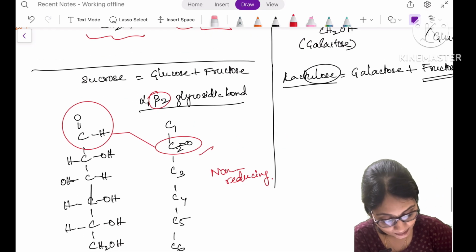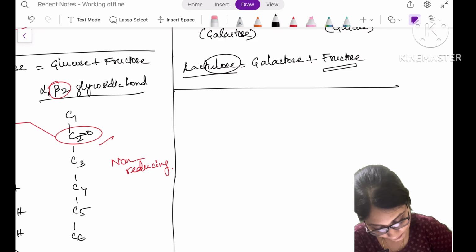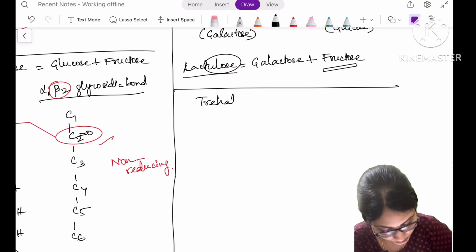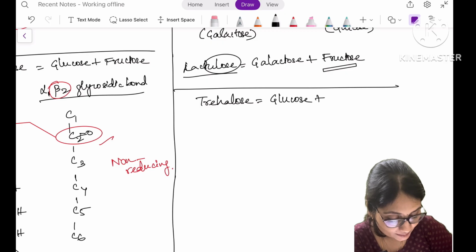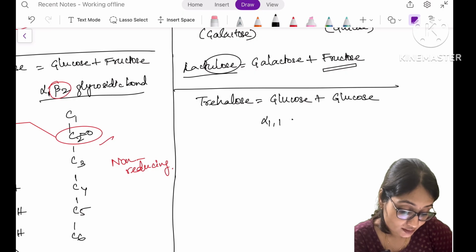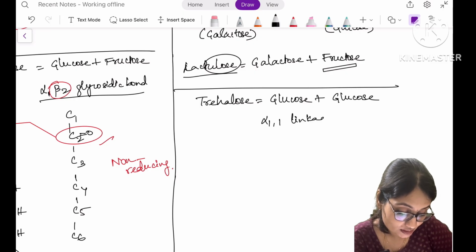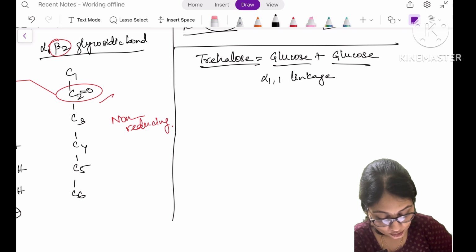So let me draw that. Trehalose is nothing but glucose plus glucose. The bond here is an alpha 1,1 glycosidic linkage. So now let me draw trehalose, glucose plus glucose.